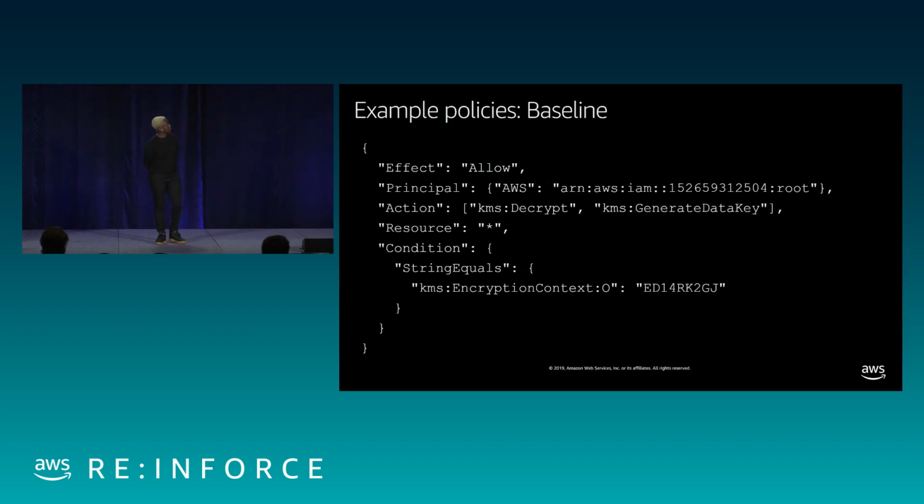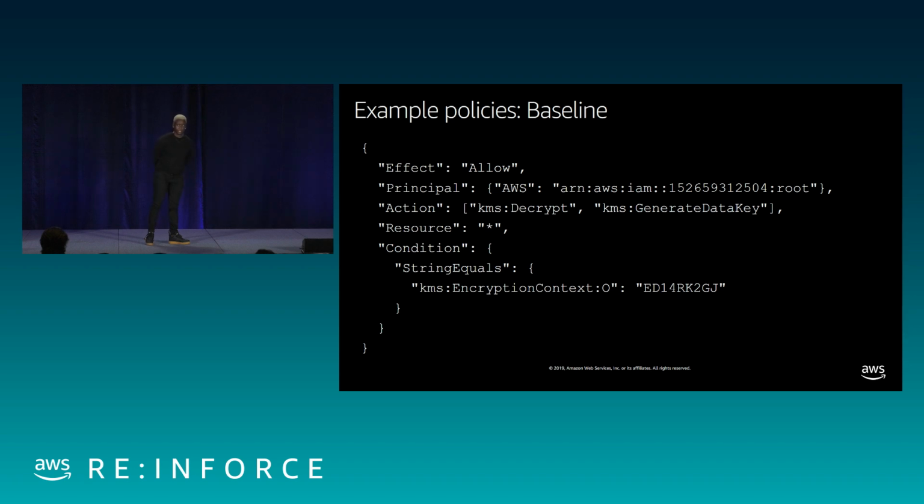So here's a baseline policy of what a customer would set up within their AWS account to ensure that Slack has access to their keys. The effect is allow because they're allowing access. The principal is Slack's account, which is that cross-account policy.